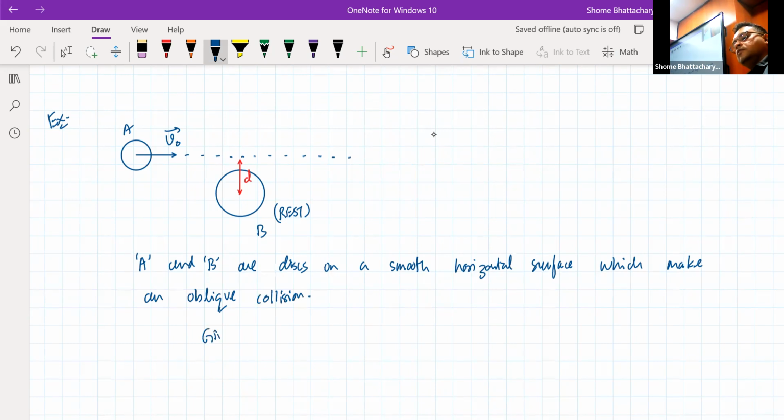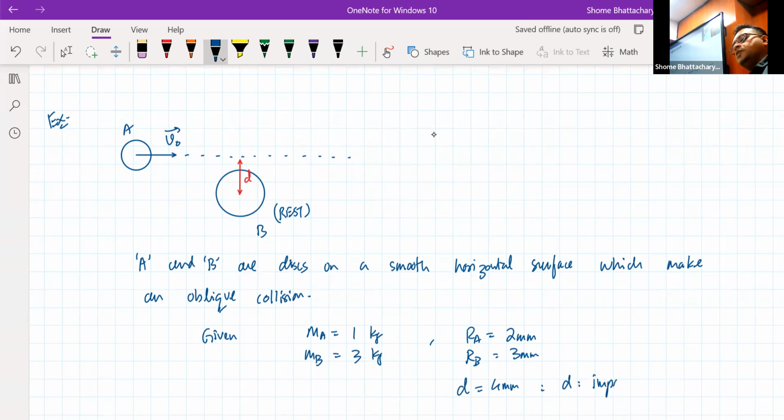Now, given that mass of A is equal to 1 kilogram, mass of B is equal to 3 kilograms. Radius of A is equal to 2 millimeters. Radius of B is equal to 3 millimeters. And impact parameter D is equal to 4 millimeters. So D here is called the impact parameter.